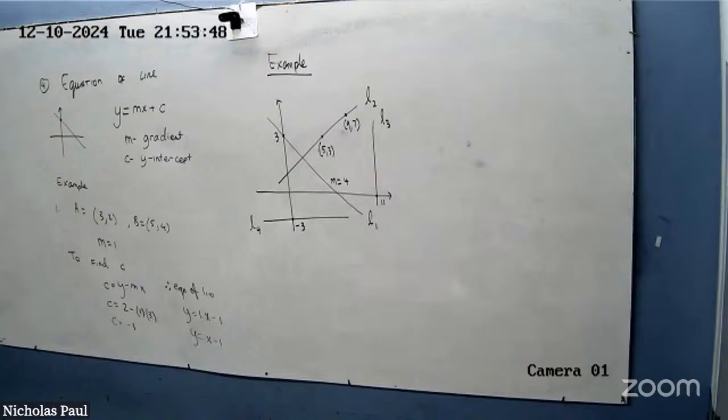We should finish already. Remember, line 3 is a vertical line. I told you something about it. Line 4 is a horizontal line.